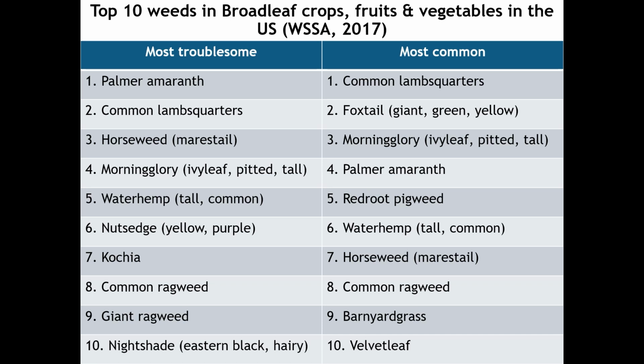Water hemp, not as much in the cropping systems. We see them mostly on roadsides, but in recent years, there have been sightings of water hemp even in some of the annual crops. On the right side, the most common ones, we have all 10 species, again, water hemp being less common than the others.